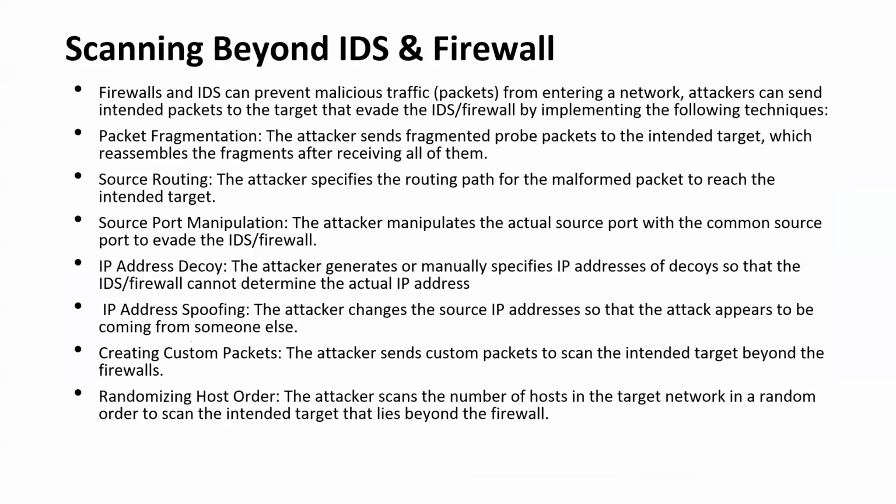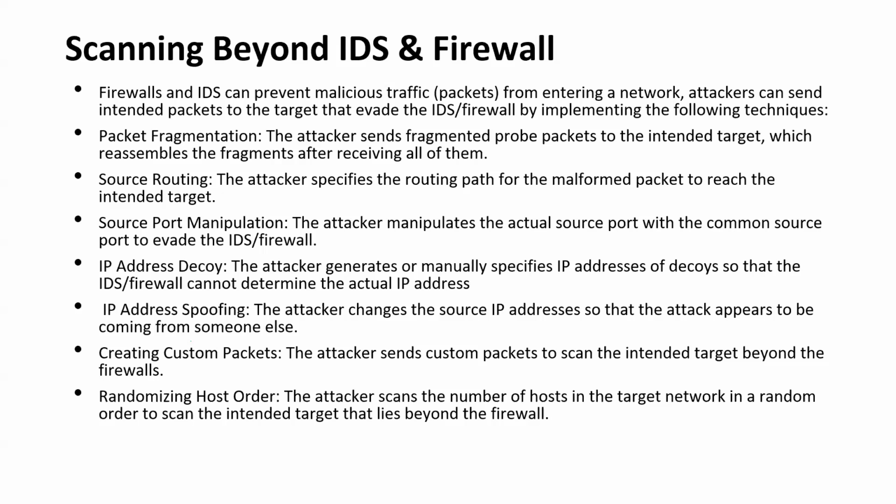So many times we have intrusion detection systems and firewalls which are there. So it is also important to see whether you can bypass those firewalls or intrusion detection systems or not. One of the ways is to fragment the probe packets that you are sending to the target, and then wait.